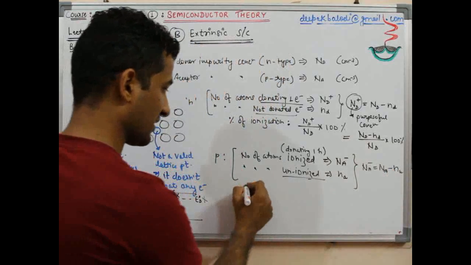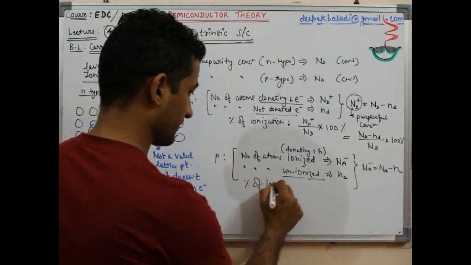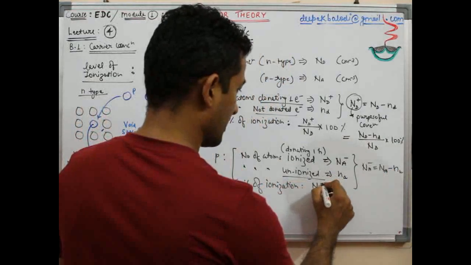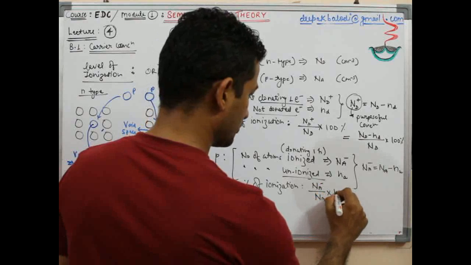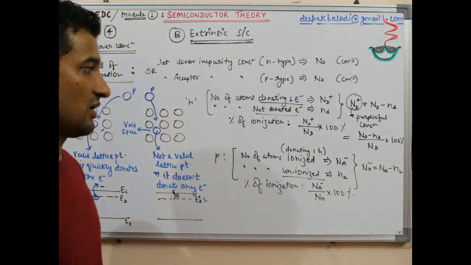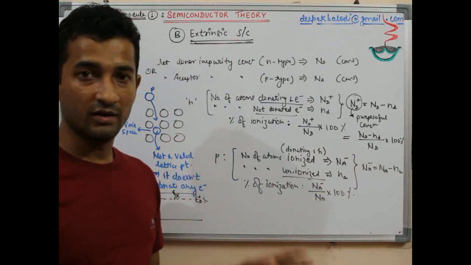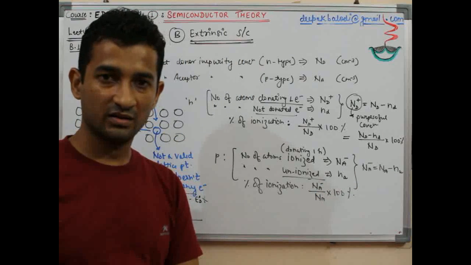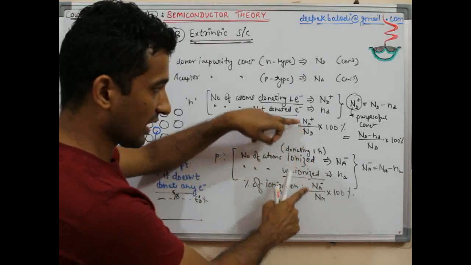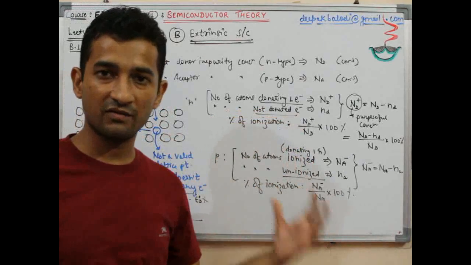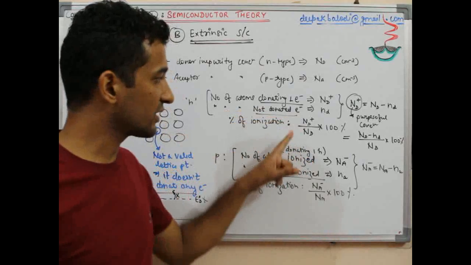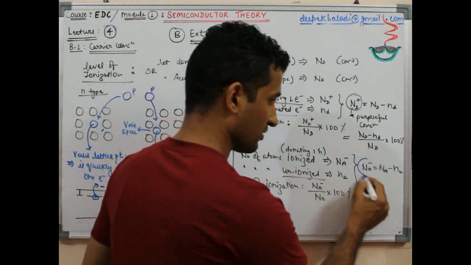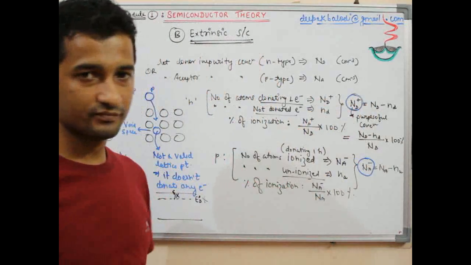And anytime you can find the percentage of ionization as Na minus upon Na into 100%. Maybe in some problems it is not directly given to us. If it is given that there is only 95% ionization, then out of the total doping we can calculate Nd plus and Na minus. So wherever we have used Nd and Na, we will be using Nd plus and Na minus because they are the relevant figures, the purposeful or main figures which we are looking for.